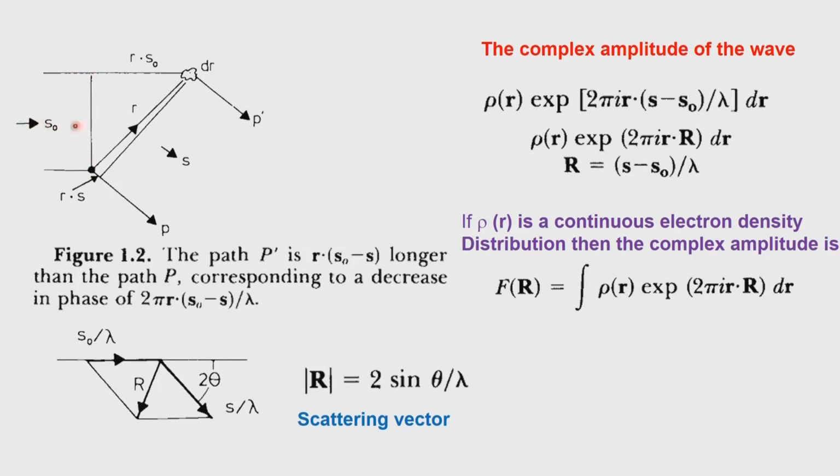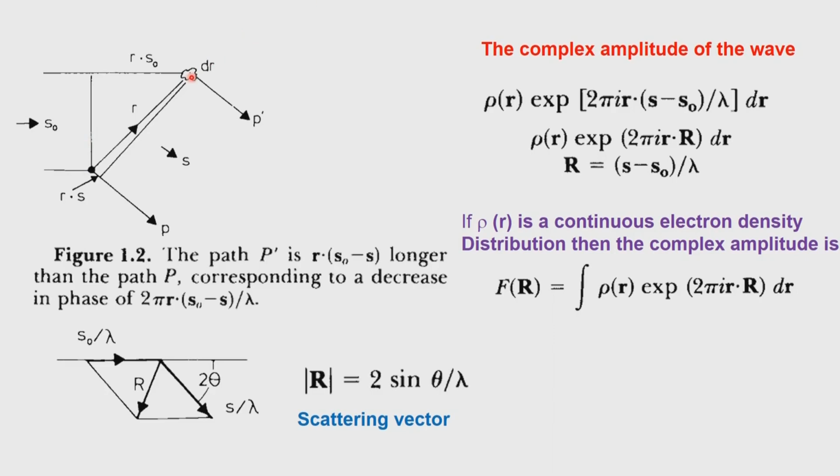So we are writing a single line here showing the wave front. As the wave front approaches in this direction, we sit here at an origin and observe what happens to the presence of a little amount of electron density at this point. So we put a little bit of electron density there, and then the rays are coming in and we are sitting at this origin and observing what happens. As we have said earlier, the electron density will change the direction of the wave.